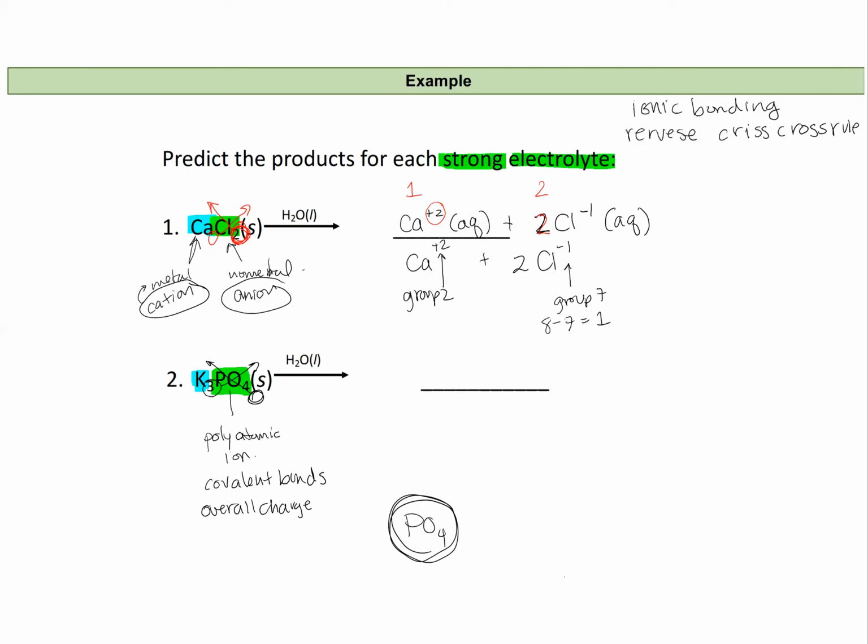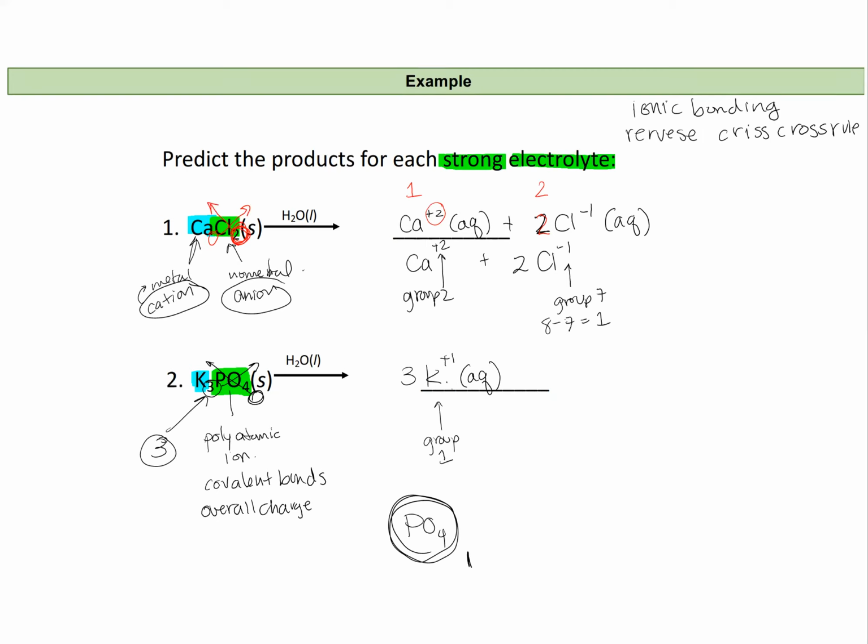So when I have PO4 written, I really have a subscript of 1 that isn't written there. So my potassium will have a +1 charge. It's also in group 1, so all of my group 1 cations have a +1 charge, and they'll be dissolved in water. I have a subscript of 3, so that means I will have 3 of these once they've been separated.